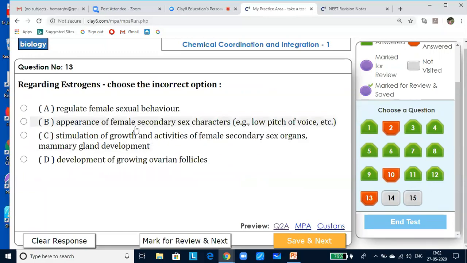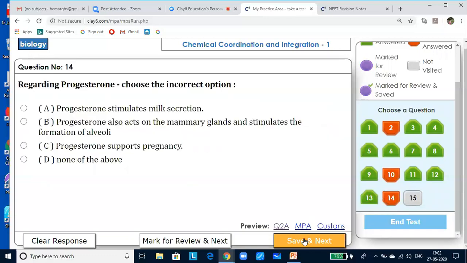See here, appearance of female secondary sex characters are given, low pitch of voice, etc. So that is not with estrogens. Regarding progesterone, choose the incorrect option. And all the three are correct, so it is none of the above.